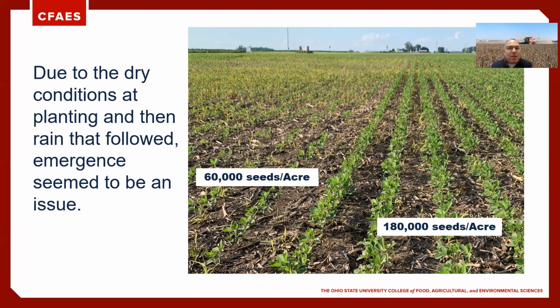This gives you a little illustration of the plant populations and the density of the plants in the row. Here on the left side, you've got 60,000 seeds per acre versus 180,000 seeds per acre. So there's definitely a difference in the density.